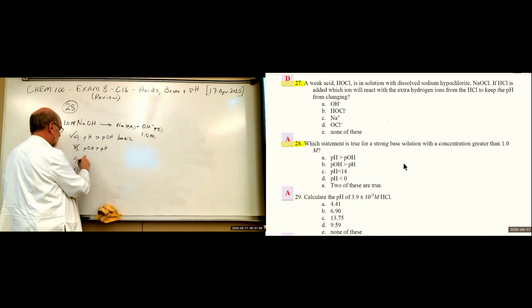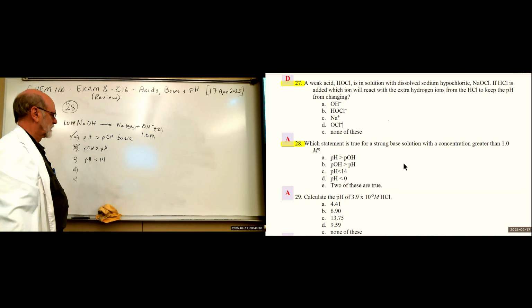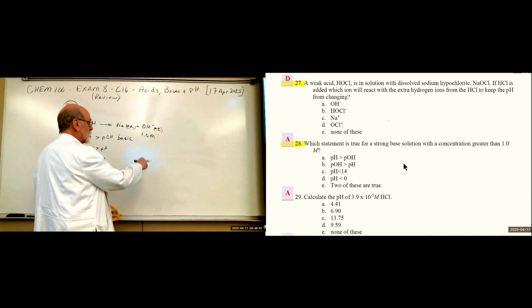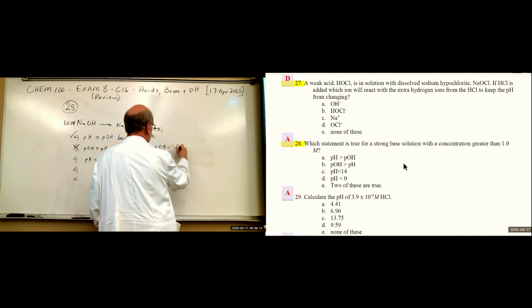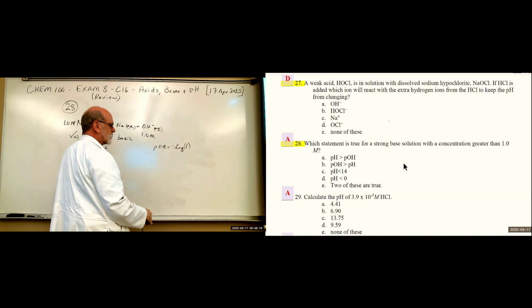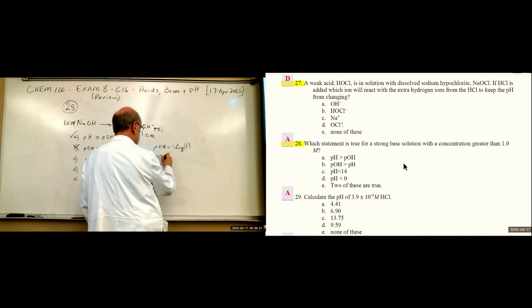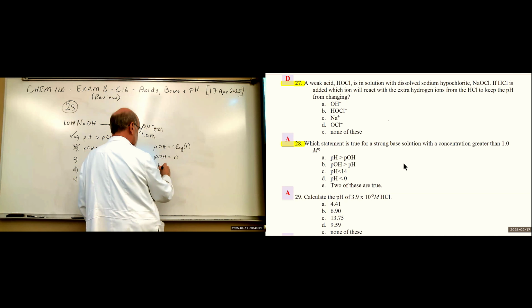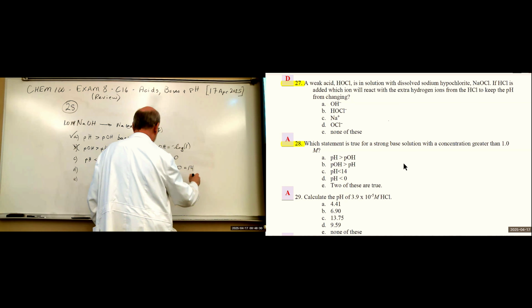pH is less than 14. Well, how would we answer that question? We would do the pOH. pOH equals the negative log of 1. So 10 to what power is 1? pOH is equal to 0. And pH equals 14 minus 0, which is 14.